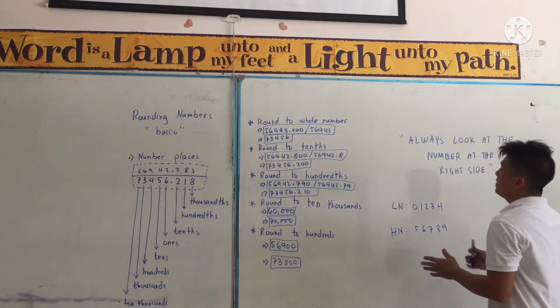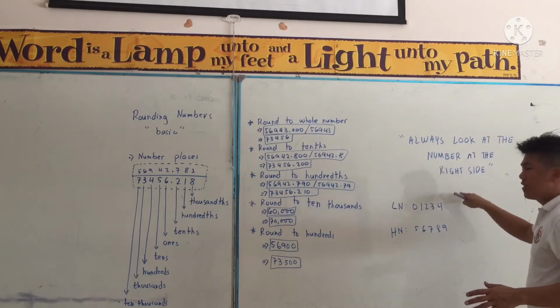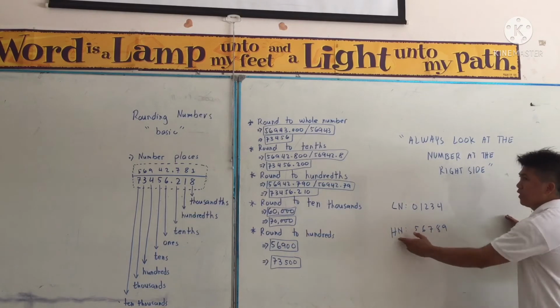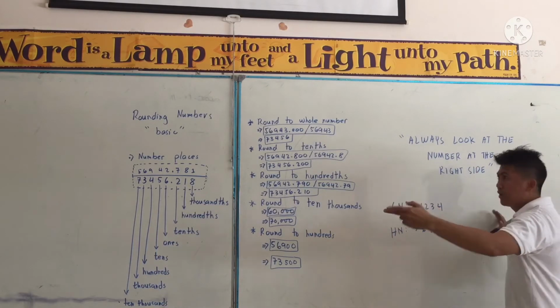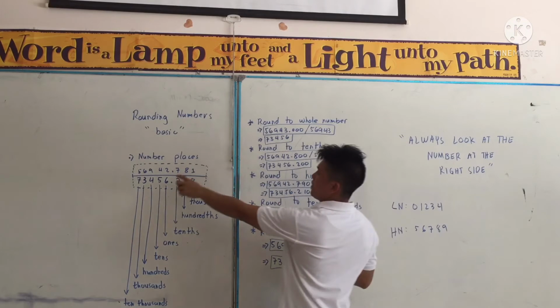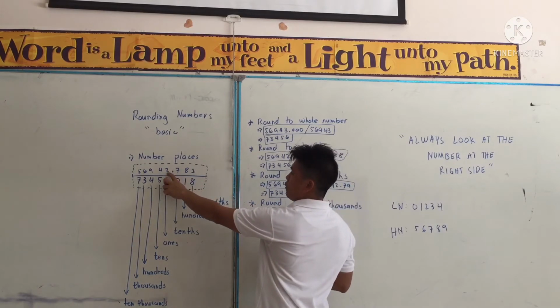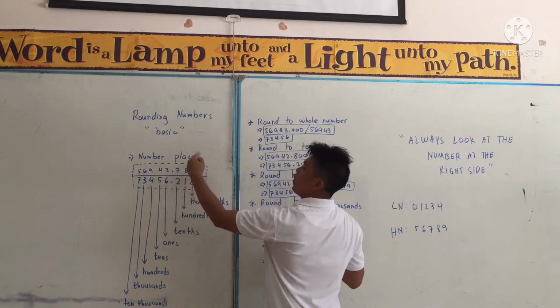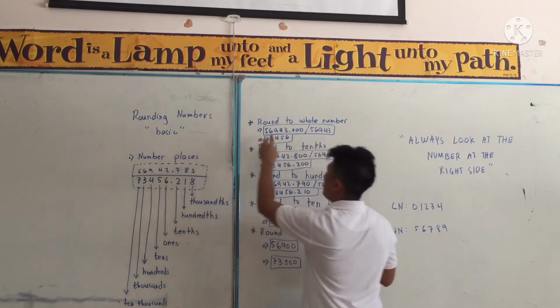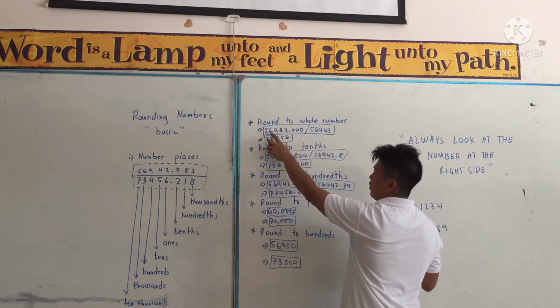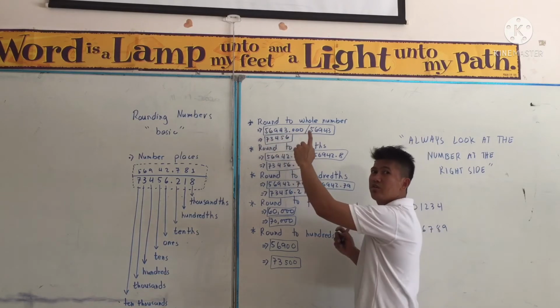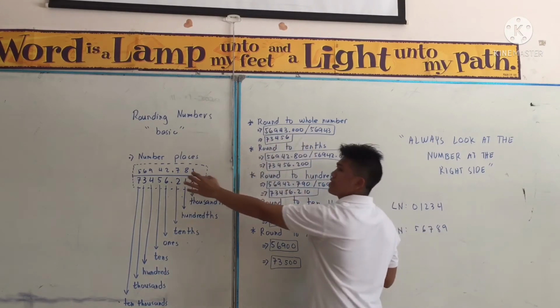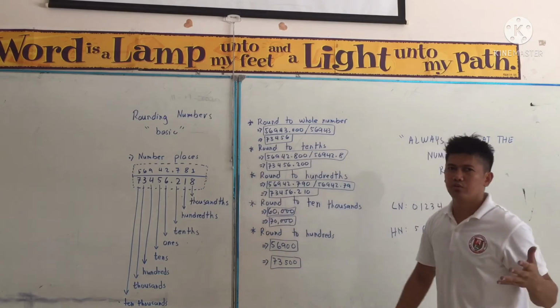When the right side number is a higher number, you have to add 1 to that number. The right side number of 2 is 7, a higher number, so you add 1 to 2, making it 3. So 56943 is the result, and make the rest of the numbers 0.